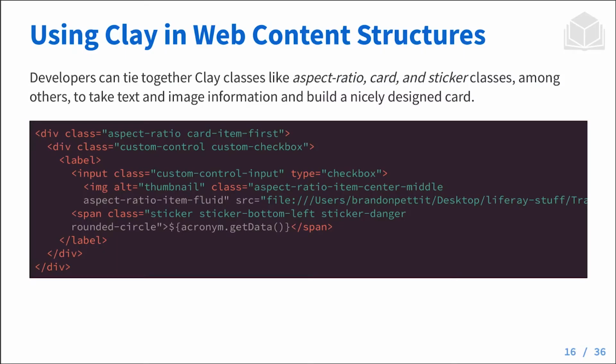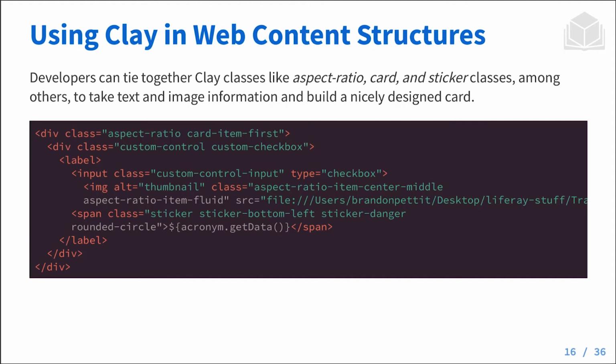Just like we've seen with all of our other templates so far, we can take advantage of our Clay classes to really control the presentation and design of our FreeMarker structures. Using Clay allows us to keep the consistent design set forth by Lexicon. If we want to abide by the design language Liferay has created, we can take advantage of some of those Clay and Bootstrap classes to do just that.